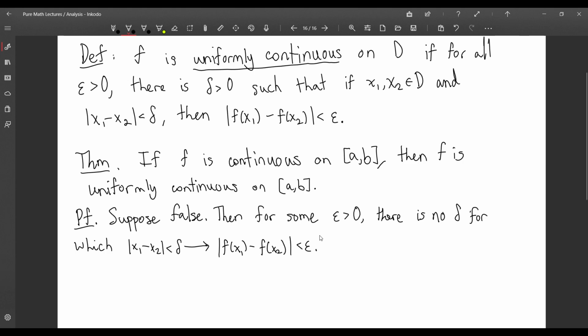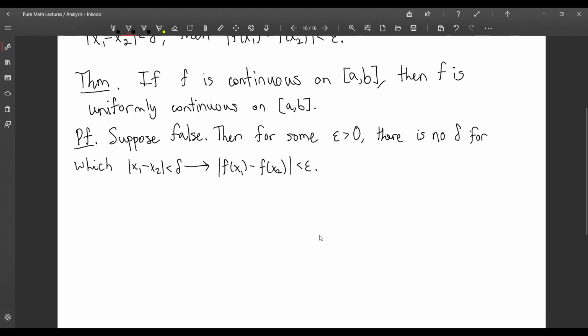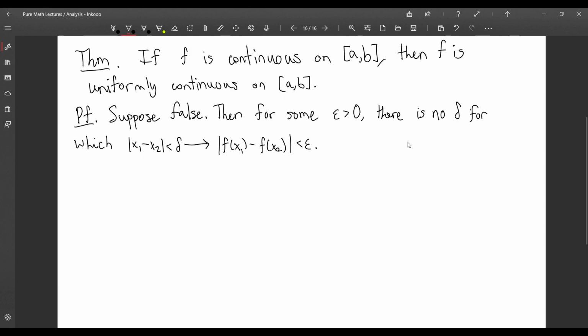And so what we can do here is essentially, since this doesn't work for any delta, we create a sequence of deltas. So we take delta sub n to be 1 over n.